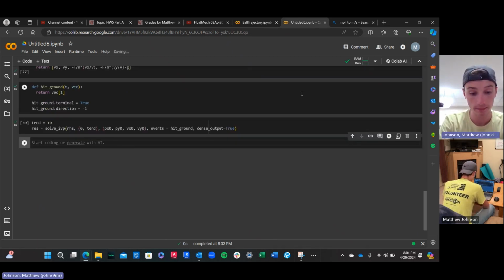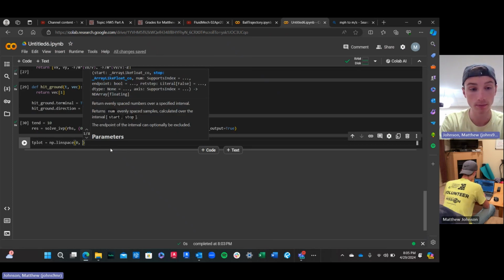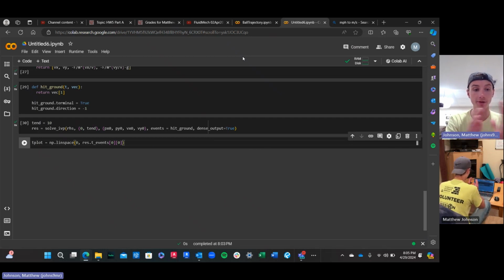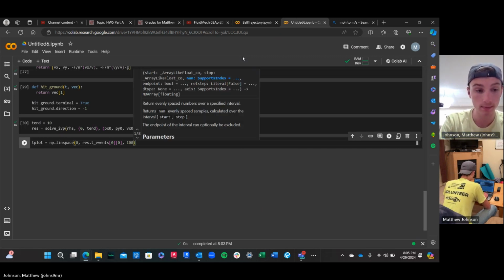Next, we can start our plot. Okay, so for our plot of time, we are going to want linspace 0 to res.t events 0, 0. What this is going to do is make our plot perfectly spaced, 100 increments.